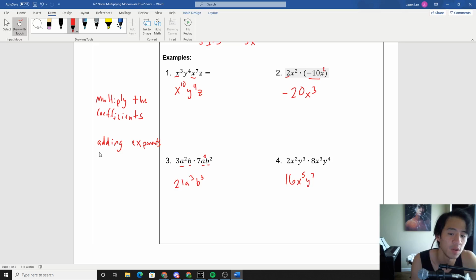Of course, you're only going to be adding the exponents if they have the same base. Remember, you can't add a's and b's together. You can't combine those two together. They're going to stay separate. So again, you're only going to be adding the exponents if they have the same base. Okay, let's move on.